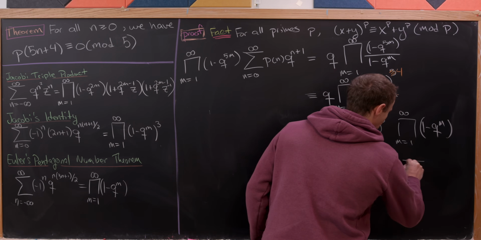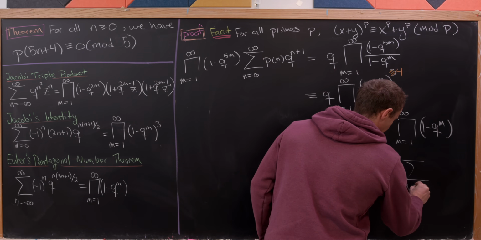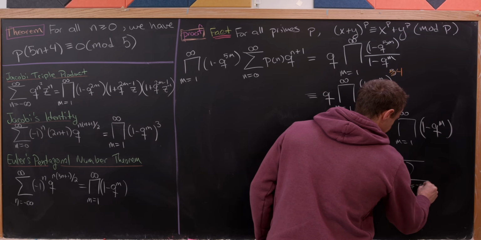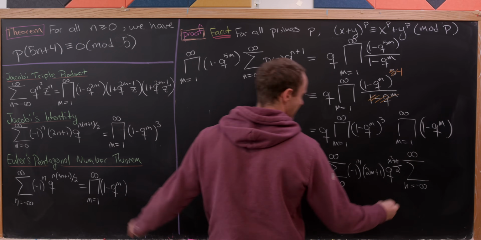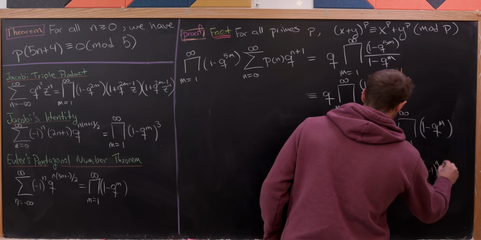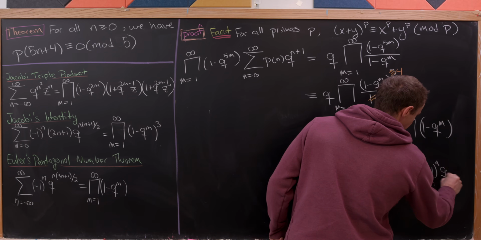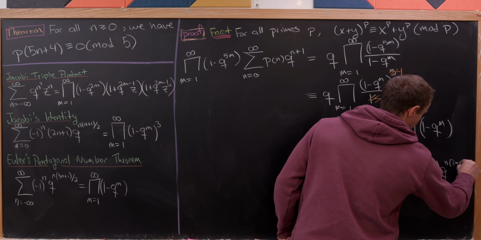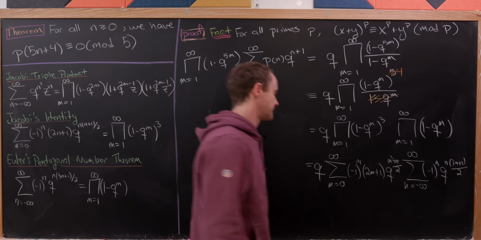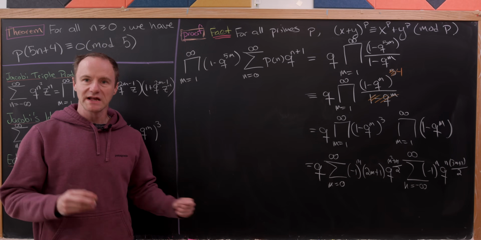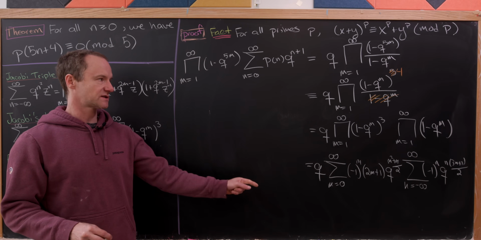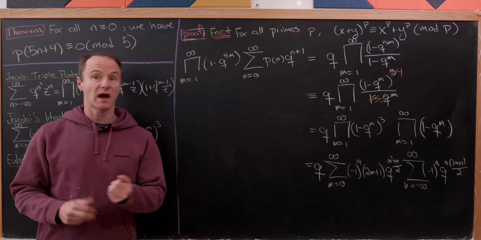And then that's going to be multiplied into the sum as n goes from minus infinity to infinity of minus 1 to the n times q to the n times 3n plus 1 over 2. So that's using Euler's pentagonal number theorem. Okay, so let's bring that result up to the top of the board, and then I think we're pretty close to finishing it off.